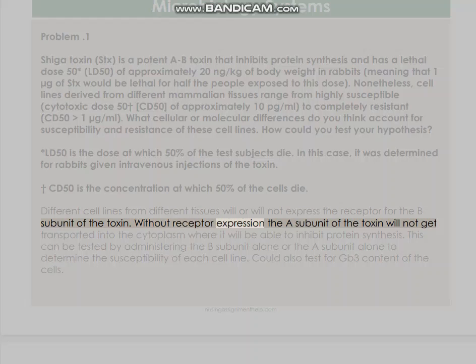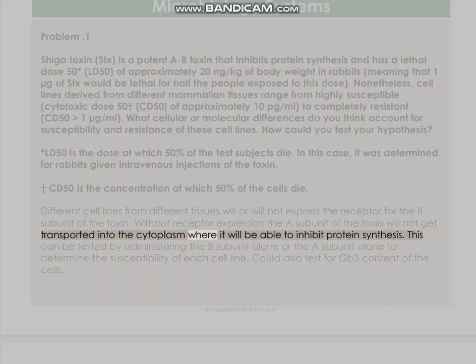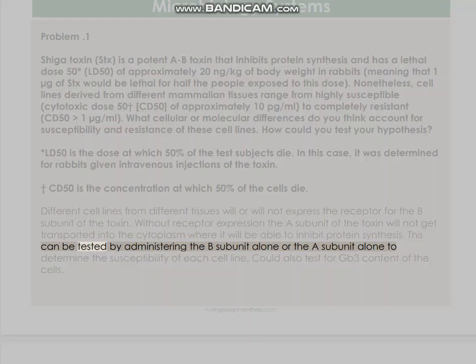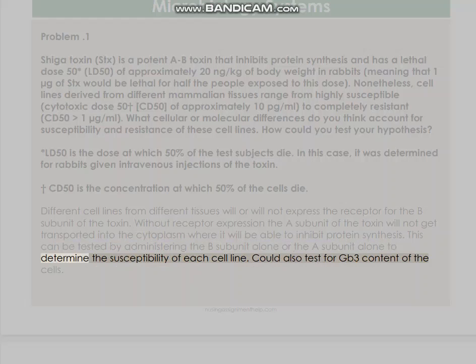Without receptor expression, the A subunit of the toxin will not get transported into the cytoplasm where it will be able to inhibit protein synthesis. This can be tested by administering the B subunit alone or the A subunit alone to determine the susceptibility of each cell line. Could also test for Gb3 content of the cells.